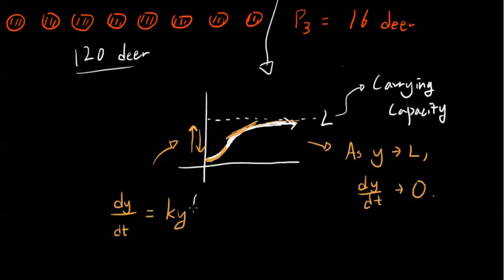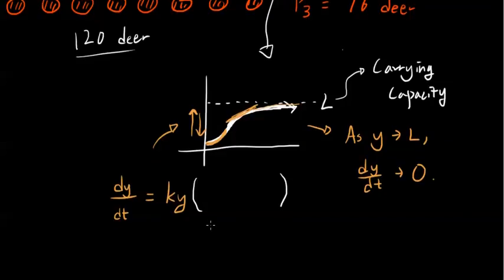Well, here's the thing. We want to multiply this by some kind of expression, and here's what we want this expression to do. When y is far away from L, when y is close to 0, or far less than L, we want this expression to be close to 1.